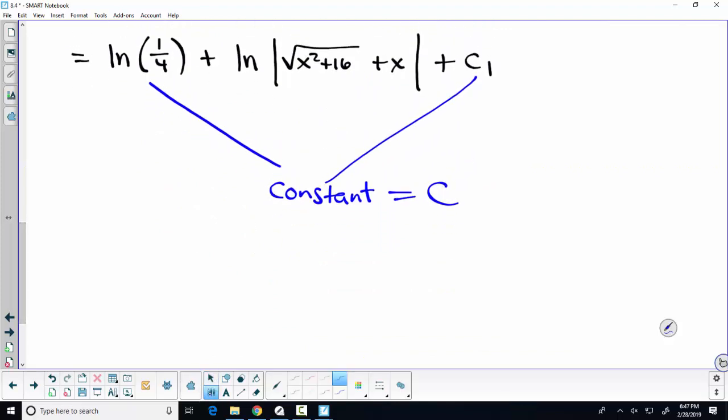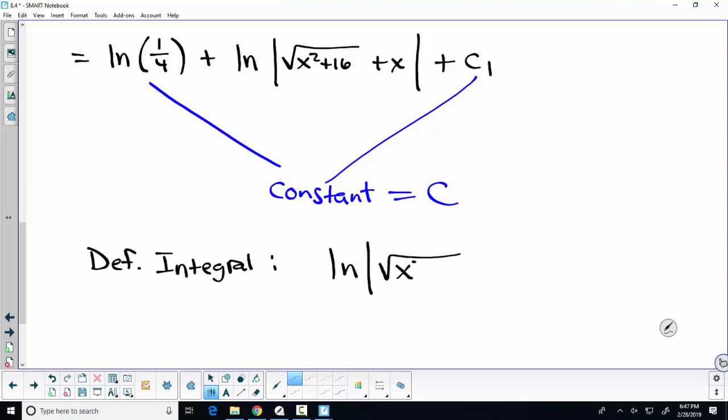So then, for the definite integral, we can just use ln absolute value of this thing plus x.